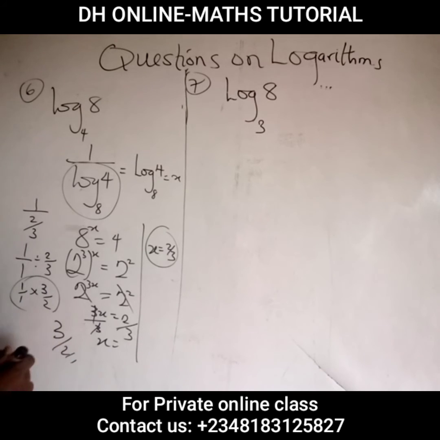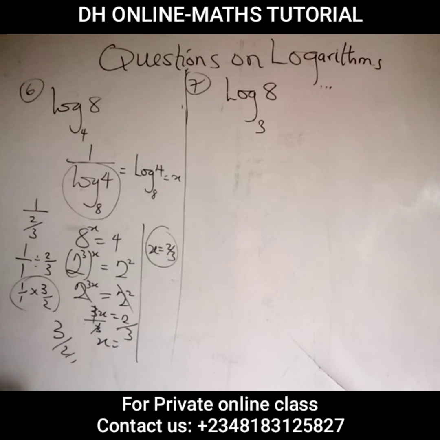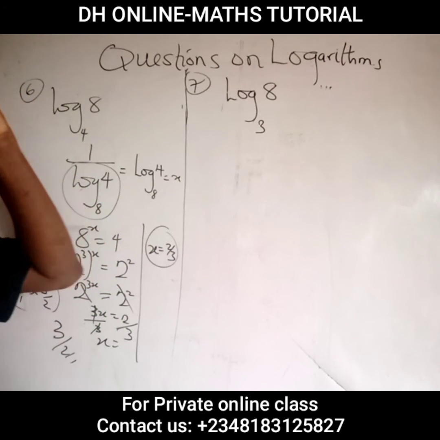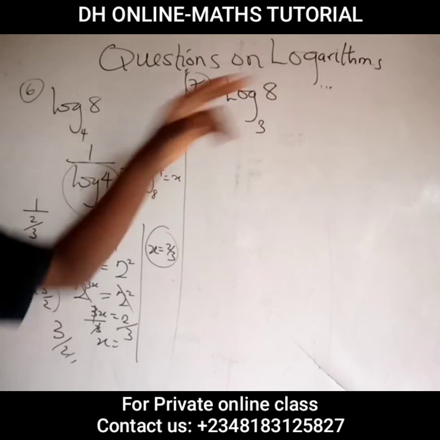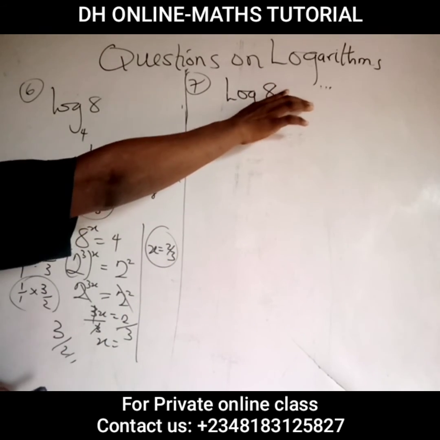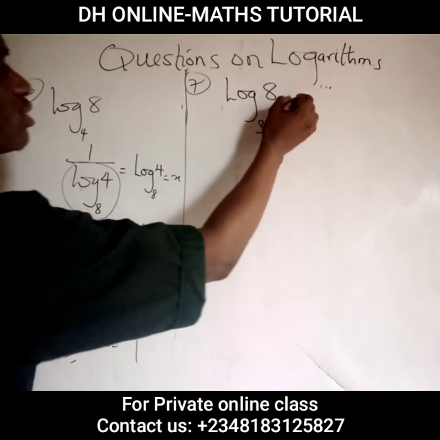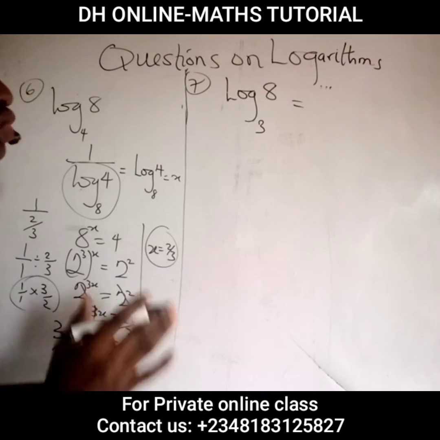Now this one, what do we do here? If you look at this base and you look at the log, they are not correlating because you can't reduce this 8 and the base of this 3. It's impossible. So because of that, we are going to do what we call change of base.